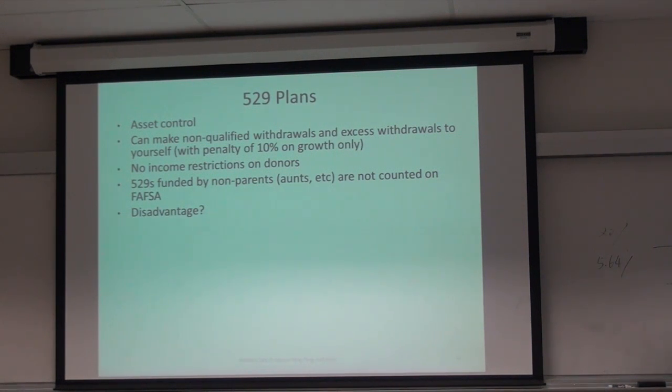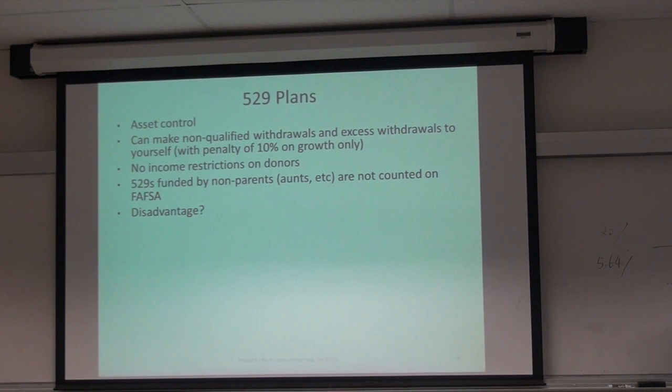Assume the money is not enough to cover all four years. For example, the money is only enough to cover one year of expenses. When are you going to withdraw if it's in a grandparent's account? Answer one: split it over four years.